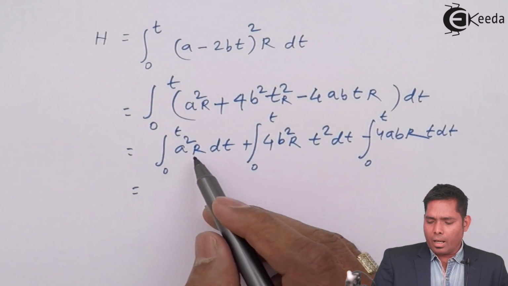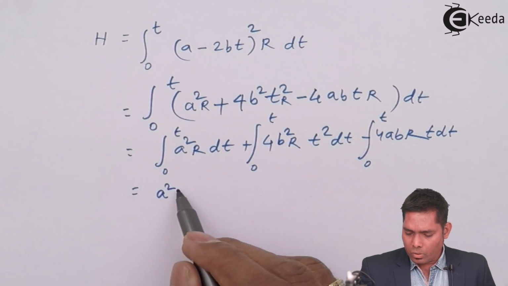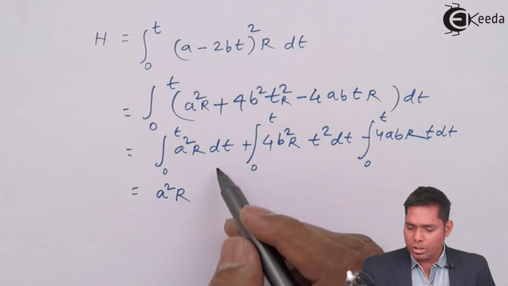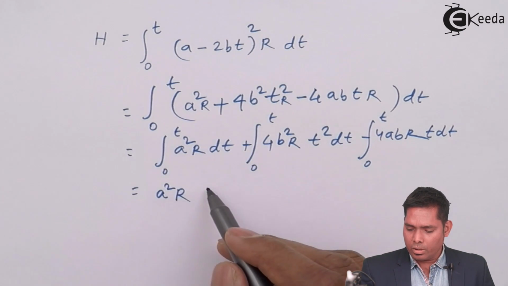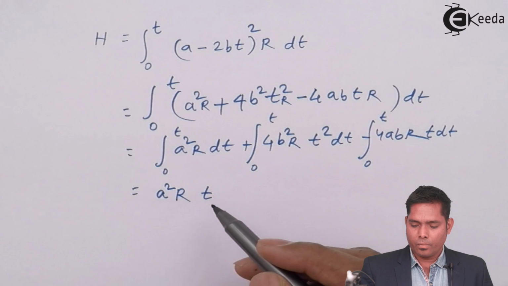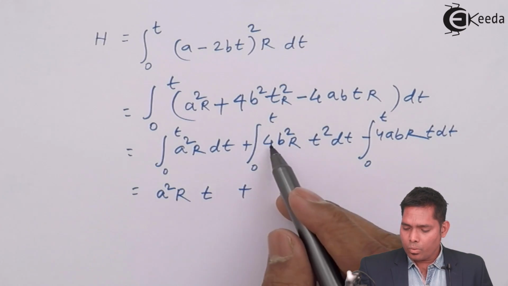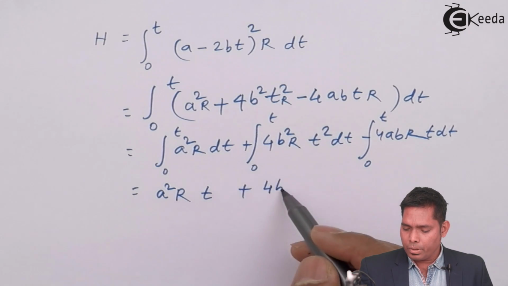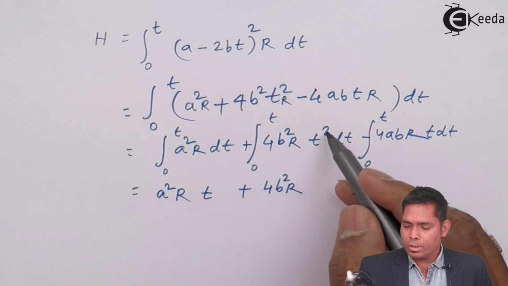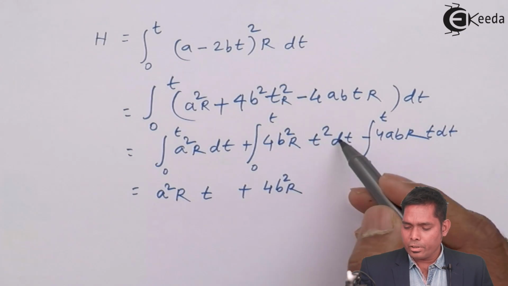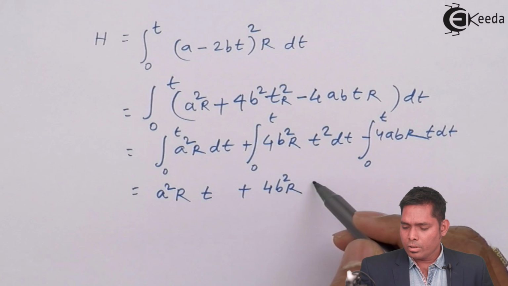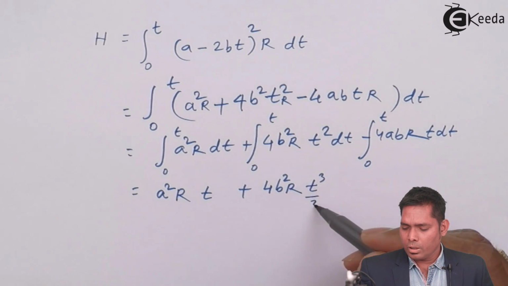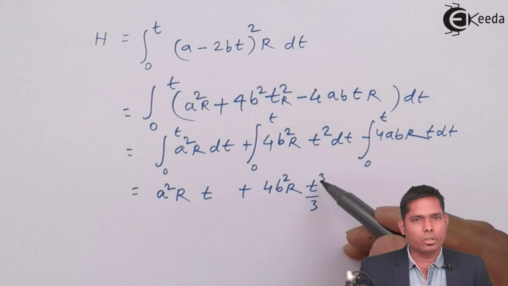Now a square r is common and comes out because this constant is taken out. Integration of dt from 0 to t is only t, plus 4b square r is taken out, t square dt will be left inside, and the integration of this is t cubed by 3, so it will be t cubed over 3, from 0 to t.